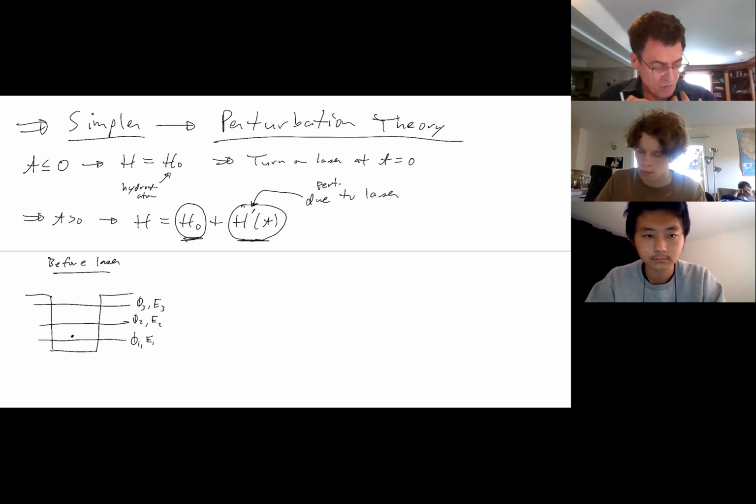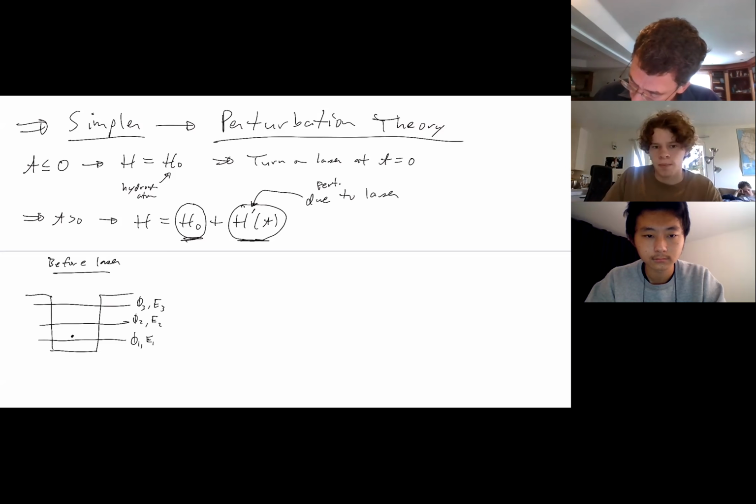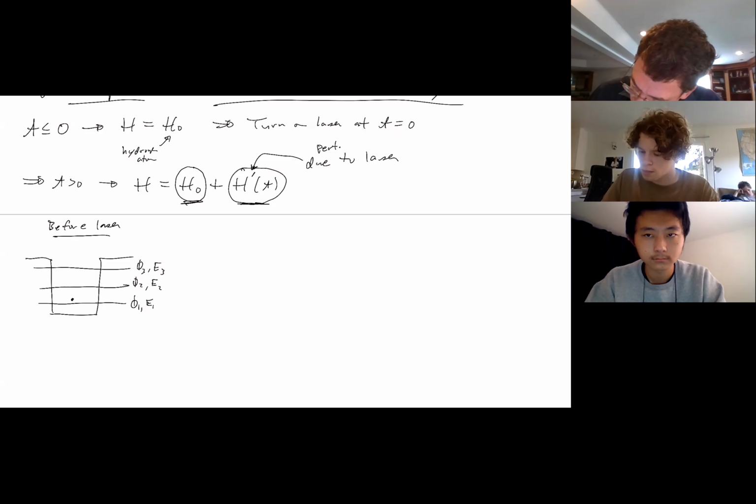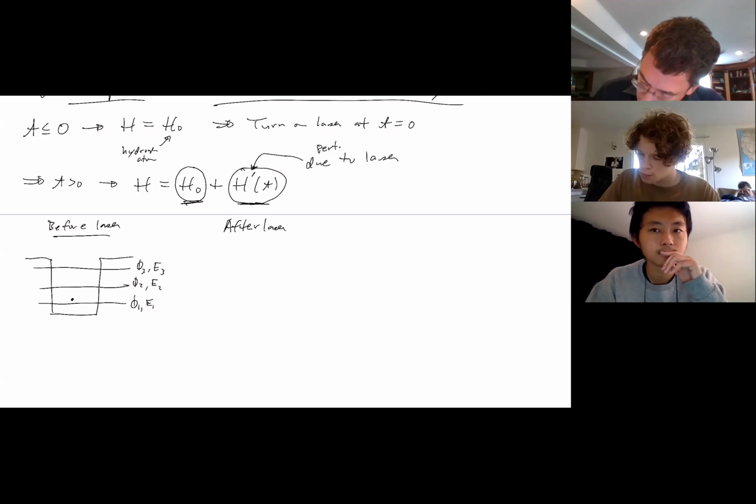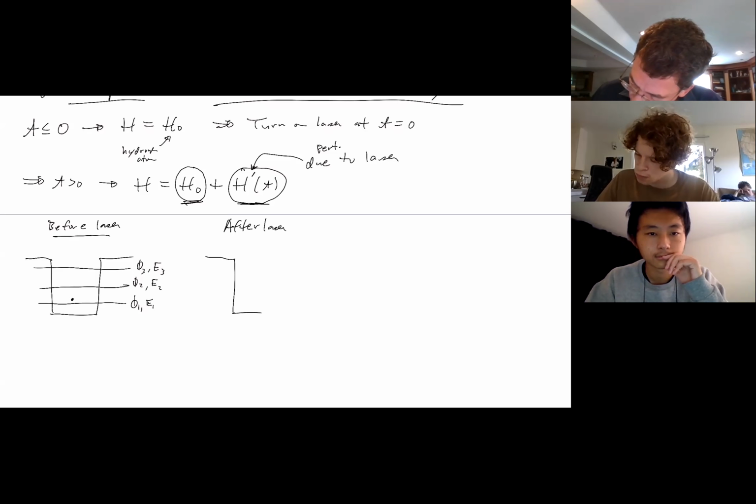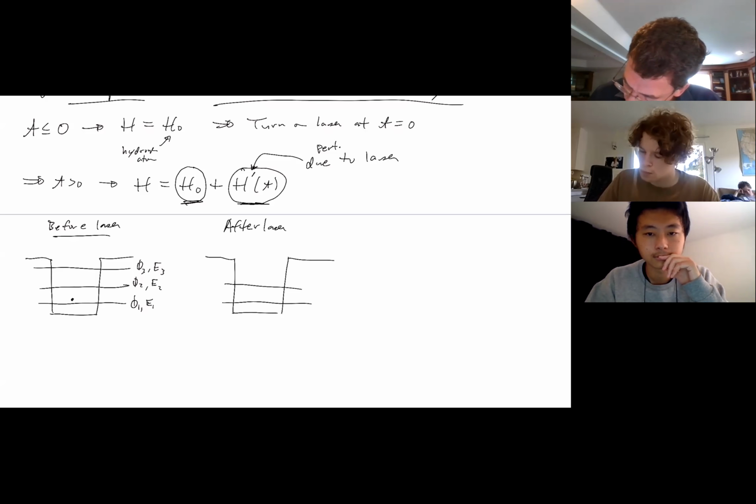Then what happens after I shine my laser? There's some probability that I have a transition, that I go from this state to this state. And this is my phi 1, E1, phi 2, E2, phi 3, E3.